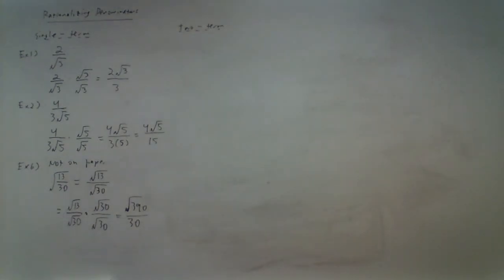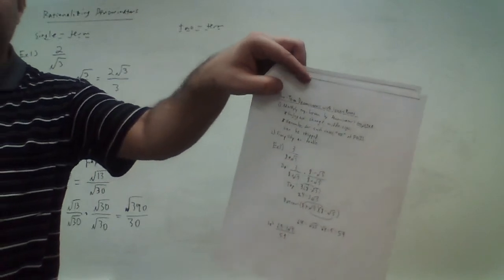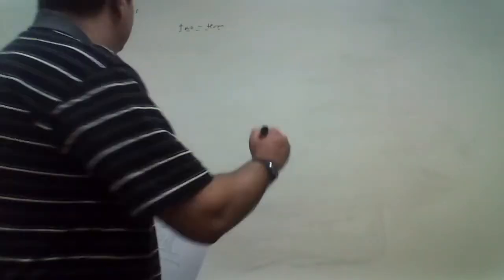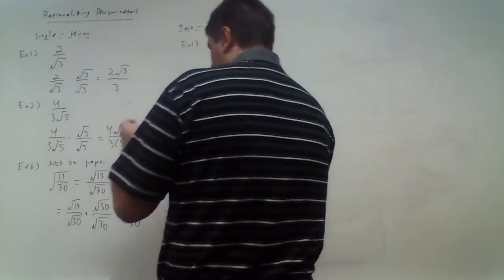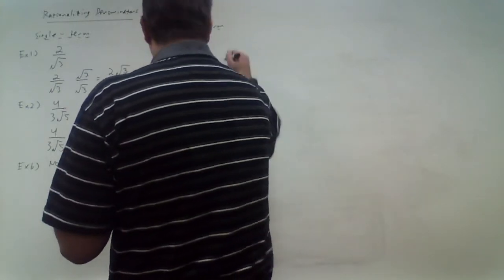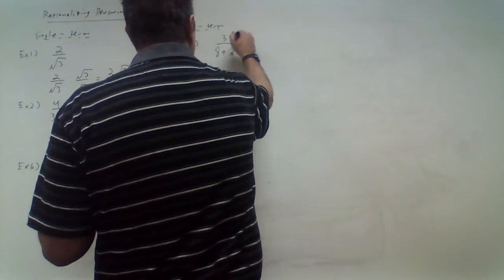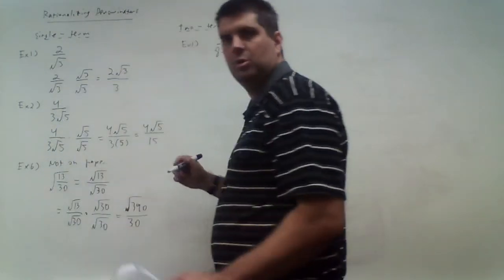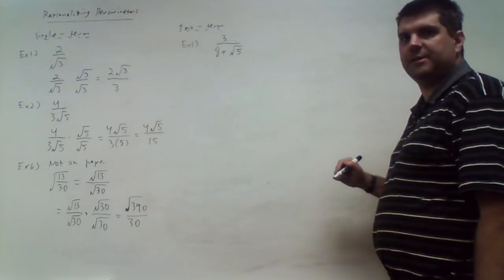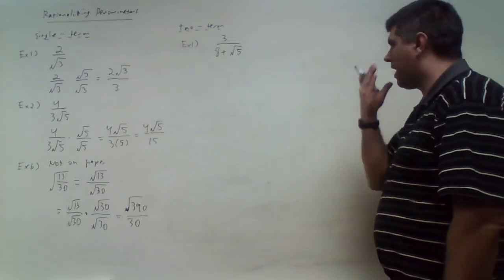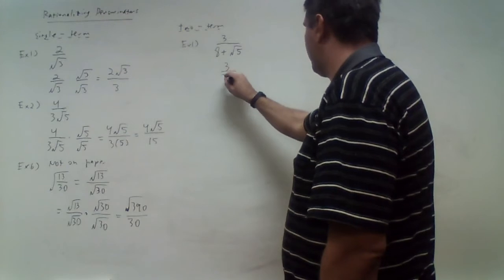Now, two-termers are more complicated. Okay, we'll start with example 1. We have 3 over 8 plus the square root of 5. What you do in this situation is you multiply top and bottom by the conjugate of the denominator.